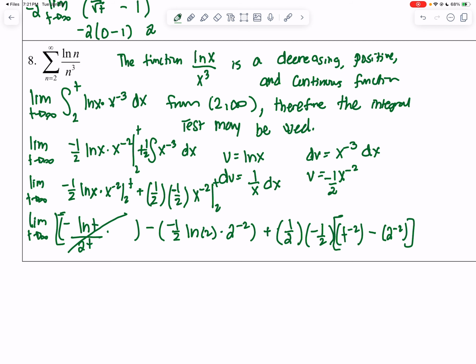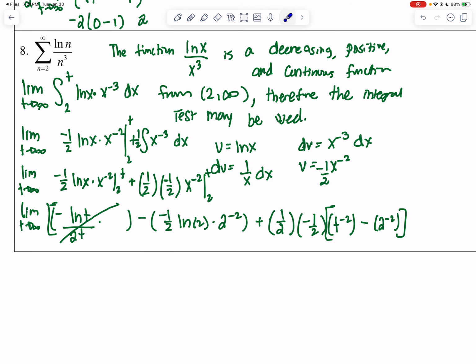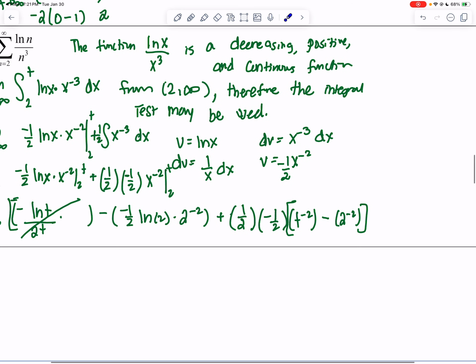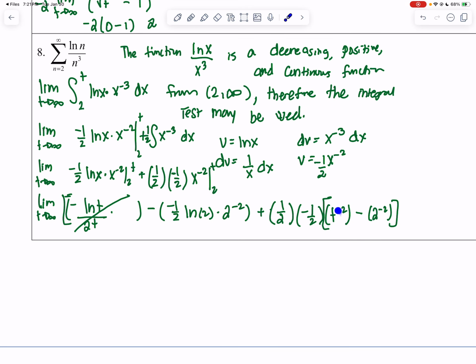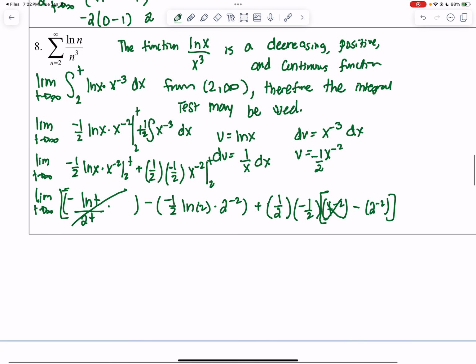So this is 0. Now you have this lovely thing that we got to work out. And then we have this lovely thing that we got to work out. This one right here is also the same thing as 1 over t squared, aka 0. So that's going to be done. And then you have this lovely mess right here and this lovely mess right here. But essentially, because we didn't have infinity in terms of my t right here, and we have some number, what number, I don't know, it converges.